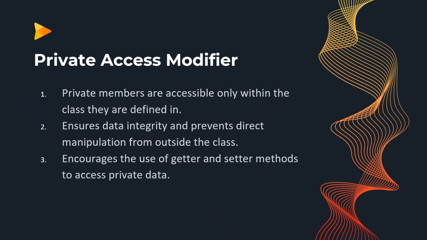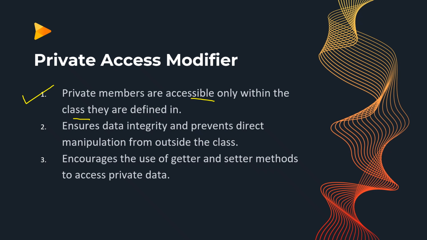Now we are going to see the private access modifier. As its name suggests, private members are accessible only within the class in which they are defined. They are not accessible outside the class. So it has the strictest restriction.